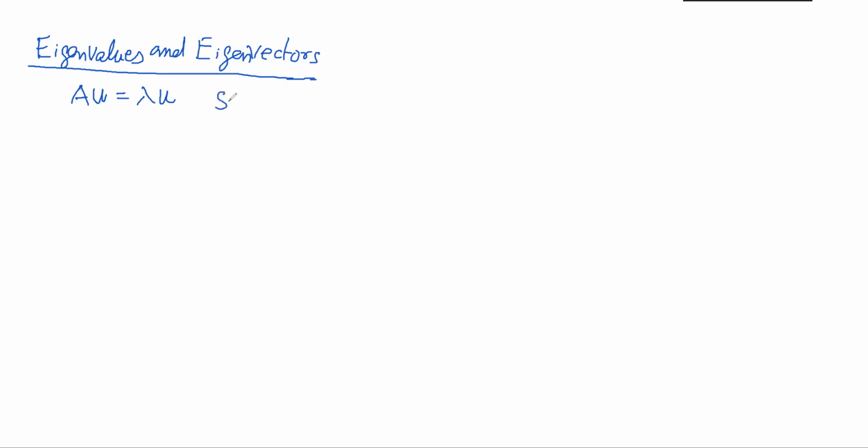Suppose A is a matrix which is equal to minus 7, 10, minus 5, 8. And U is a vector or a column matrix, 2, 1.